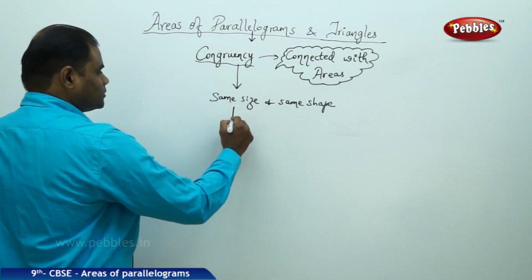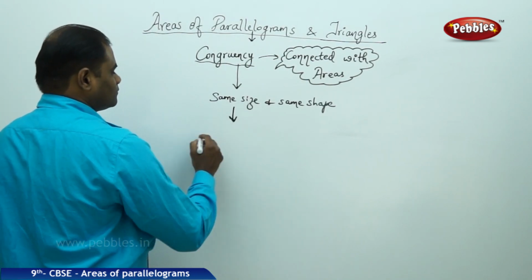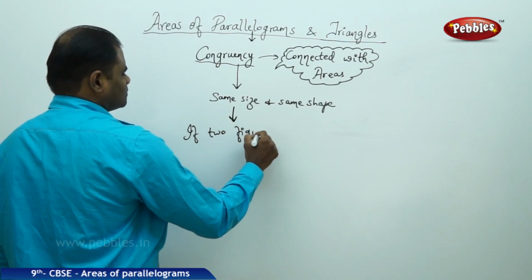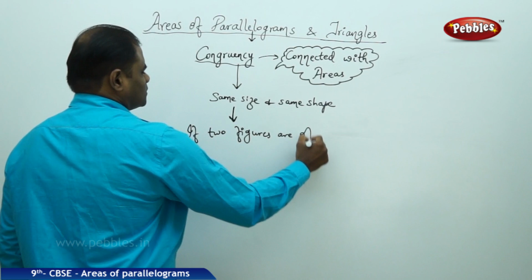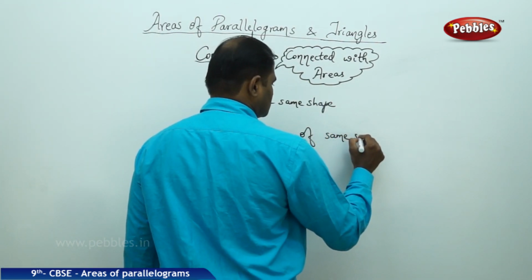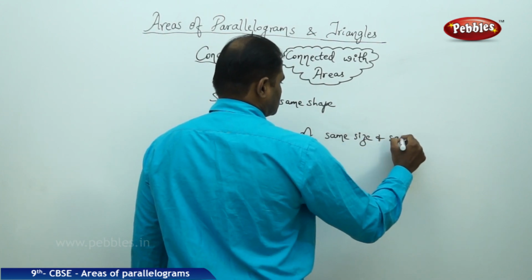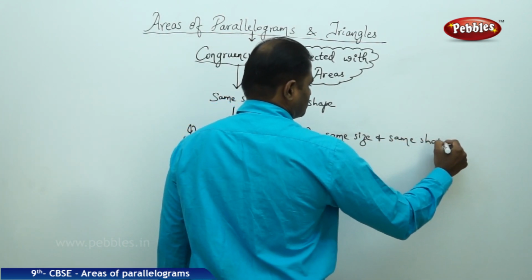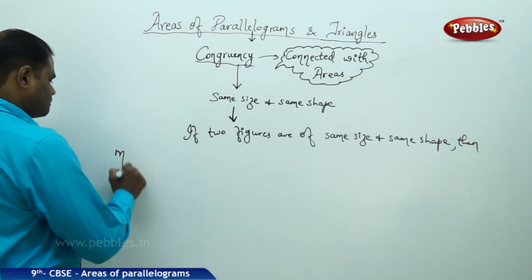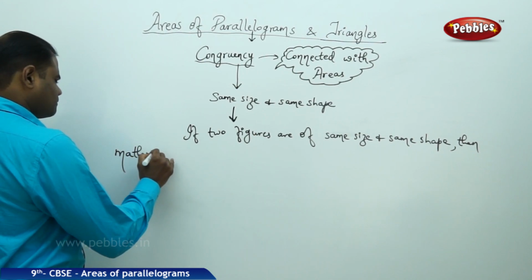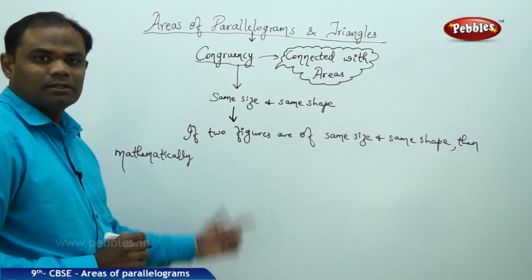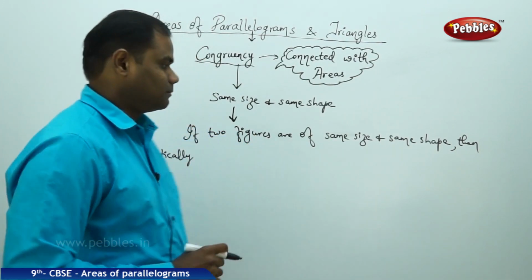So here comes the conclusion that if two figures are of the same size and same shape, then mathematically they must have the same area.